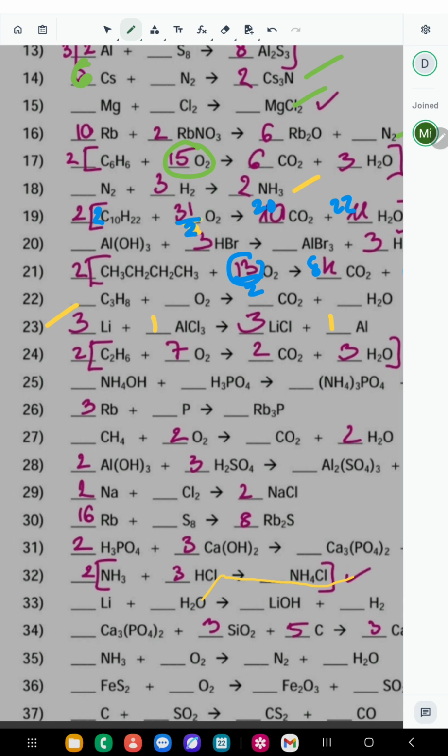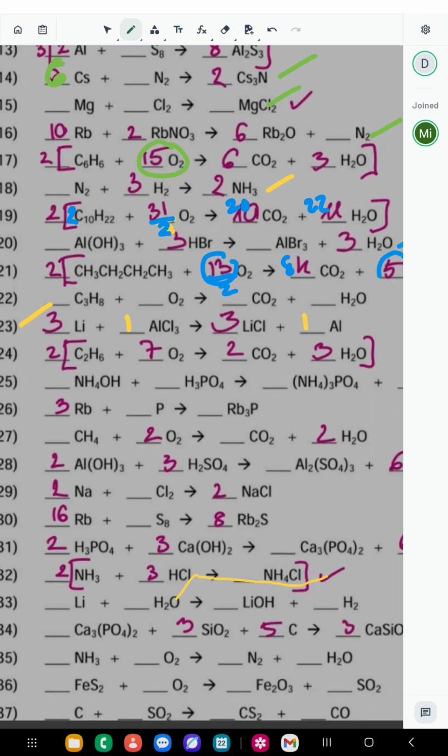Then 2, 7. This should be 7 over 2, right? Because you're multiplying both sides. So it'll be 2C2H6, 7O2, 4CO2, 6H2O.